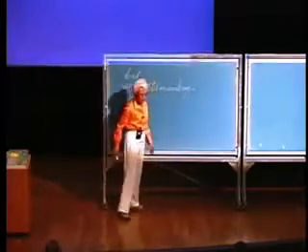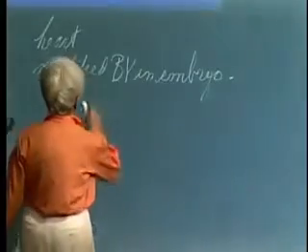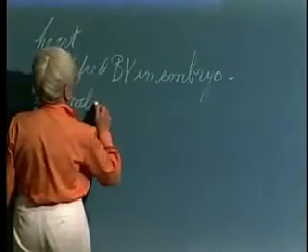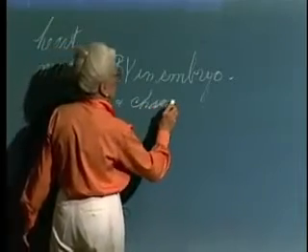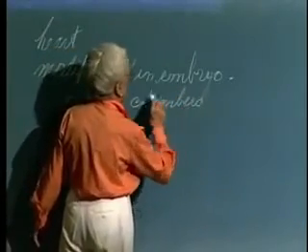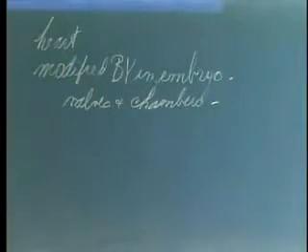And it'll differentiate then from the blood vessels in forming valves and chambers and other things. And we'll see the similarities in structures in some ways and extremely different in other ways.